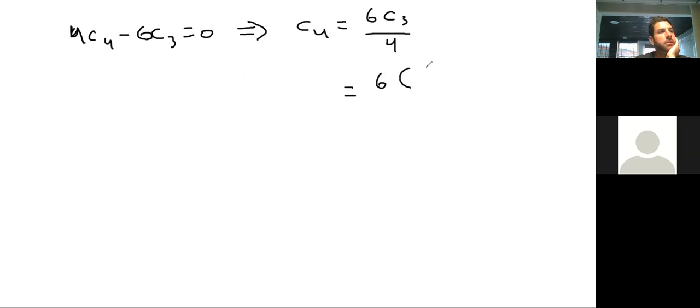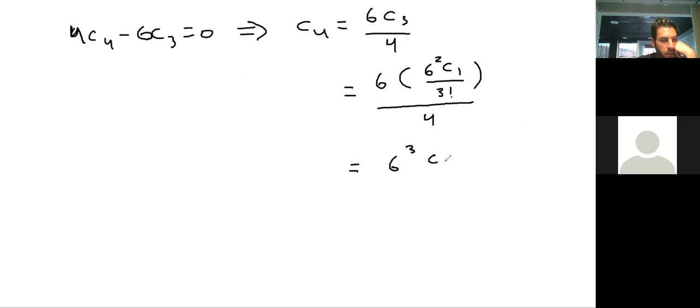So watch how I write this. It's over 3 factorial. And so now if I do some arithmetic here, this becomes 6 cubed C sub 1 over 4 factorial. Six squared times 6 is 6 cubed, C1. And then if I take 3 factorial and I multiply it by 4, that just becomes 4 factorial.